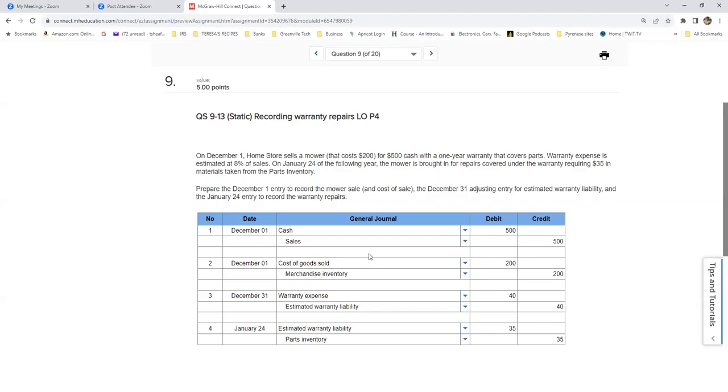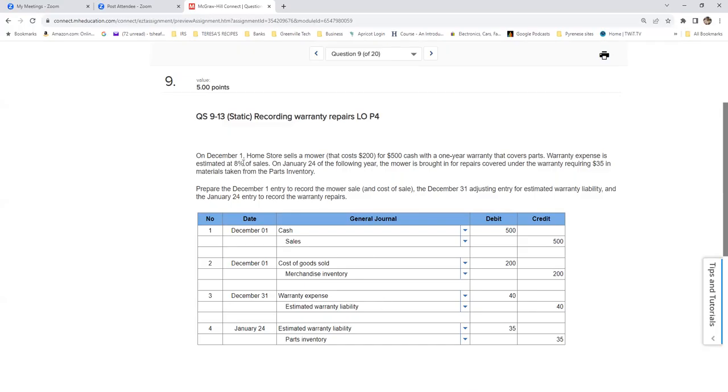January 24th, they bring it in for warranty repairs. Oh, wait a minute. I have to stop here a minute. We have to first record the warranty expense based on the sale of the mower on December 31st. I skipped that. So it's estimated that our warranty expense is going to be 8% of sales.